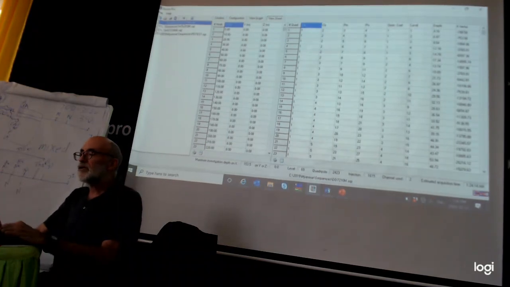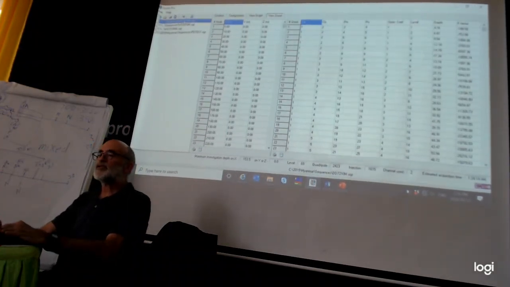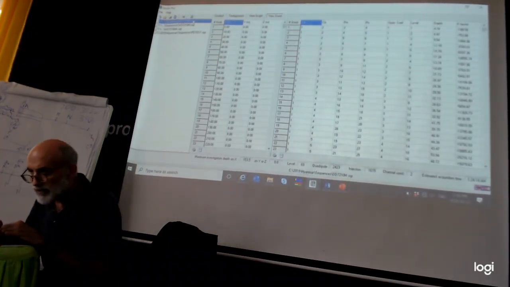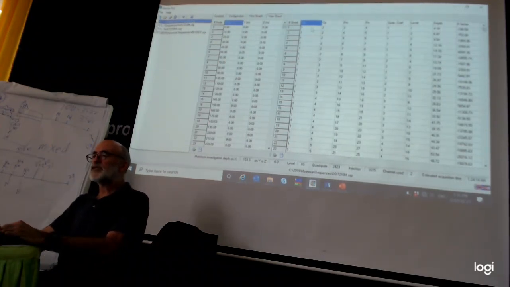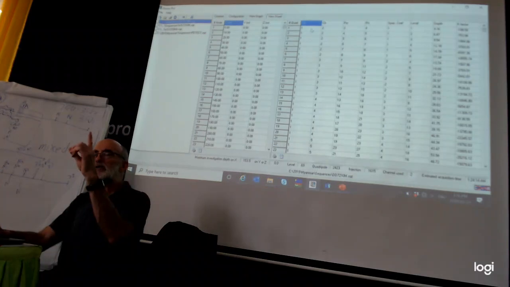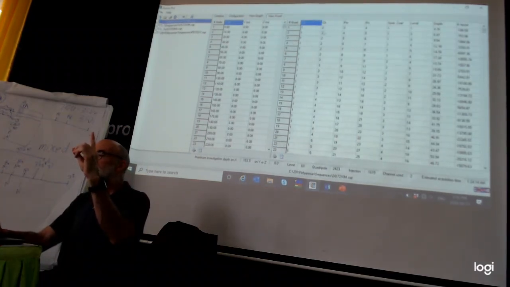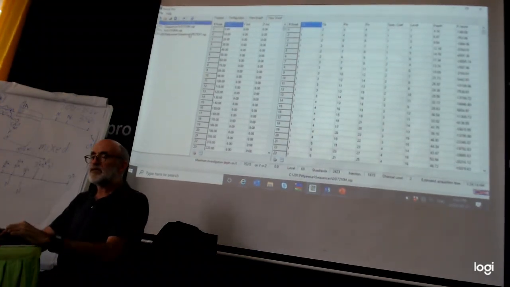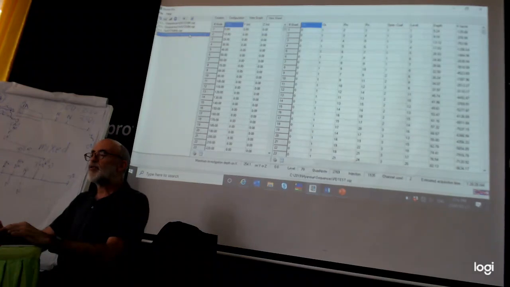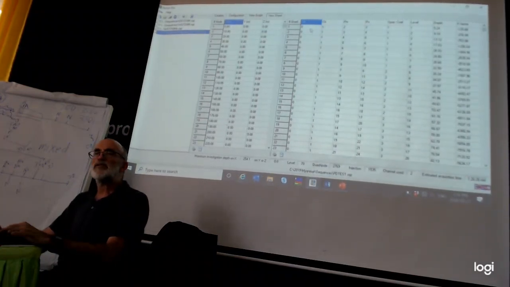Now look, here is a normal Wenner-Schlumberger or dipole array, right? In this first column, the first electrode is number 1, 2, 3, 4. But the pole-dipole sets the first electrode as 0.